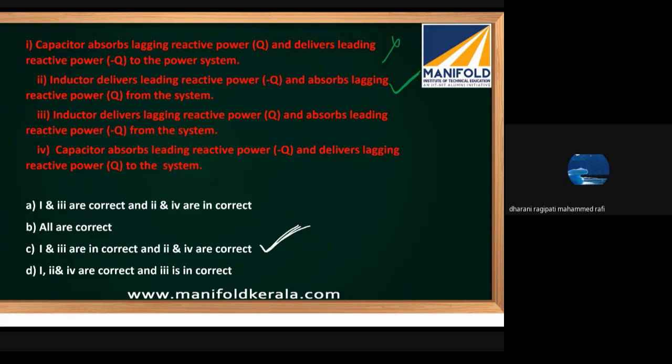Third one is inductor delivers plus Q and absorbs minus Q, which is wrong. Fourth one, capacitor absorbs minus Q and delivers plus Q, which is true. So 2 and 4 are correct, whereas 1 and 3 are incorrect statements. So the option would be C.